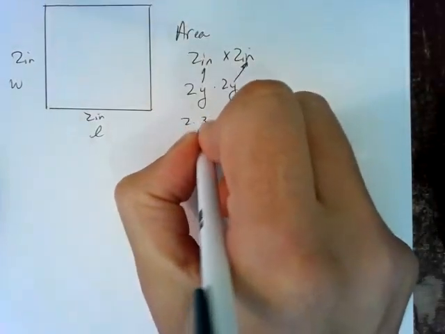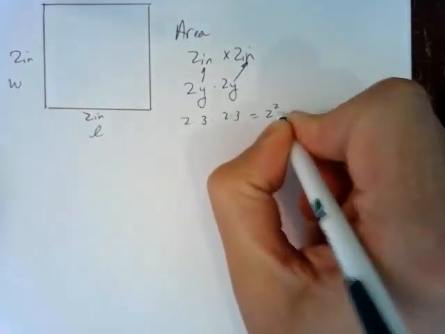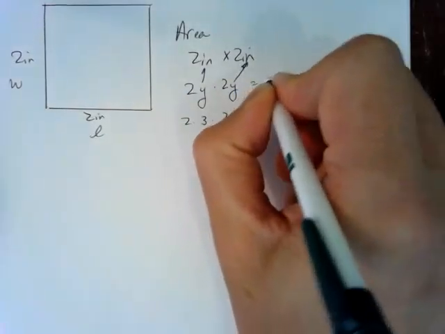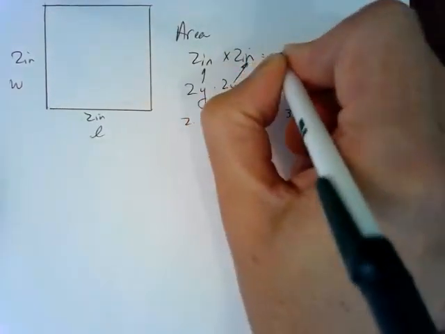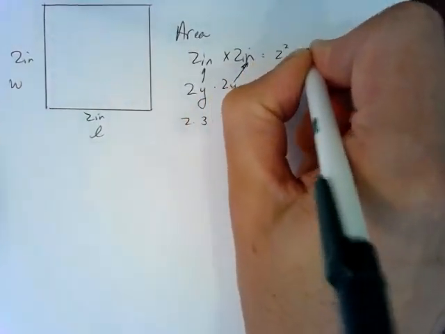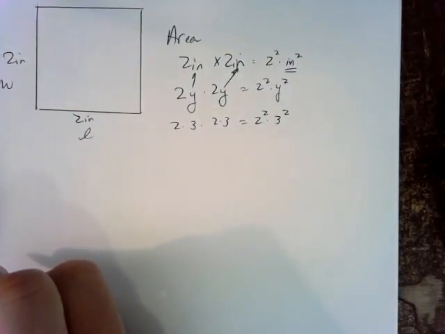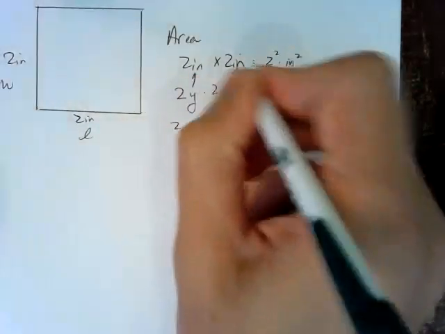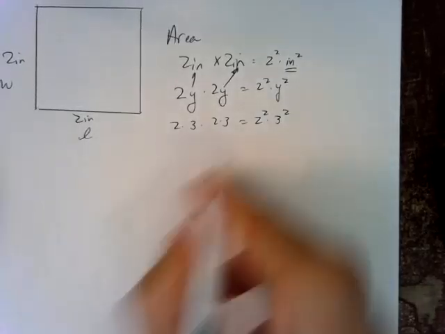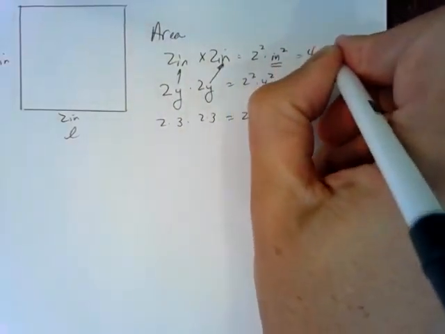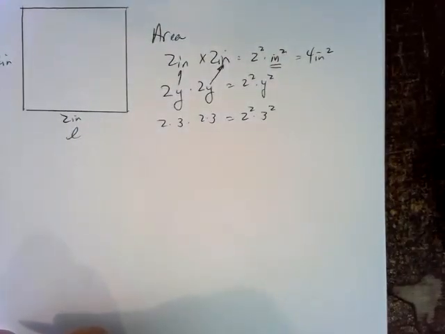So if we had 2 times 3 times 2 times 3, we could say that this is 2 squared times 3 squared. This would be 2 squared times y squared, or 2 squared times inches squared. So notice the units get squared. If we do it with numbers, we do it with the units as well. Or more conveniently, we would say that the area is 4 inches squared.